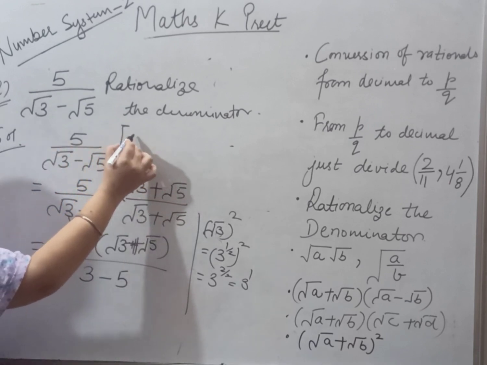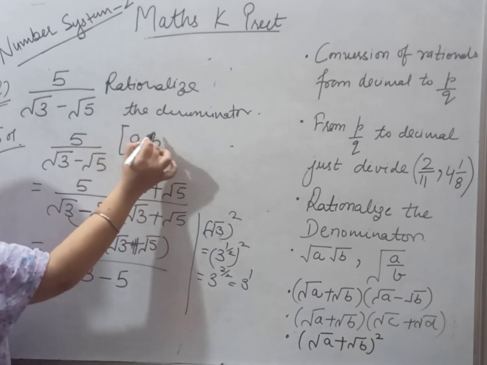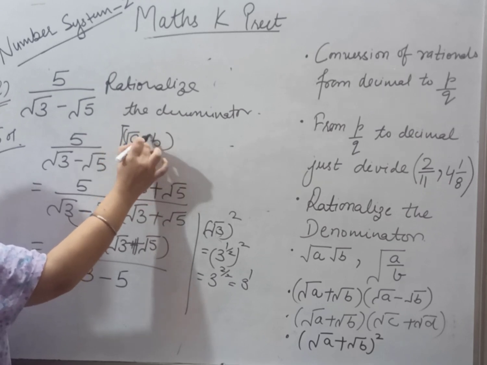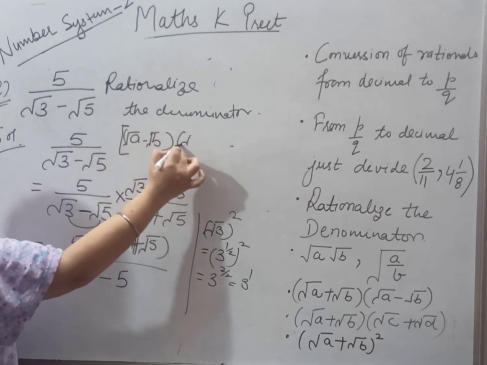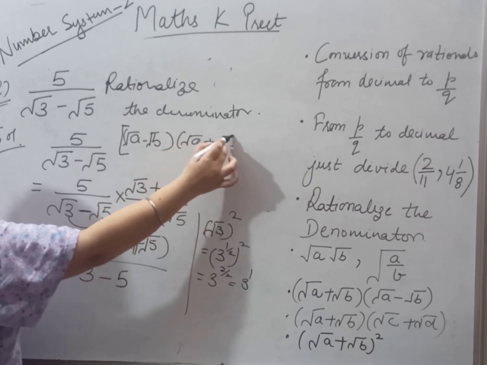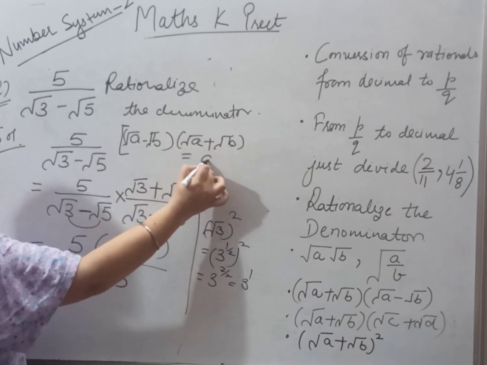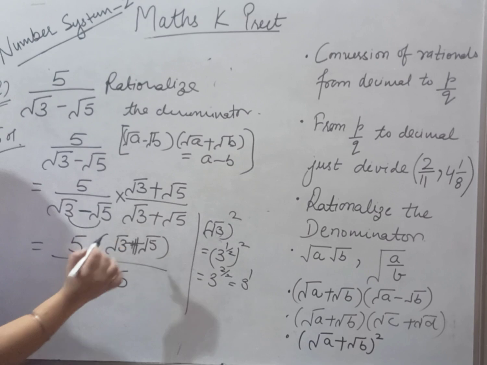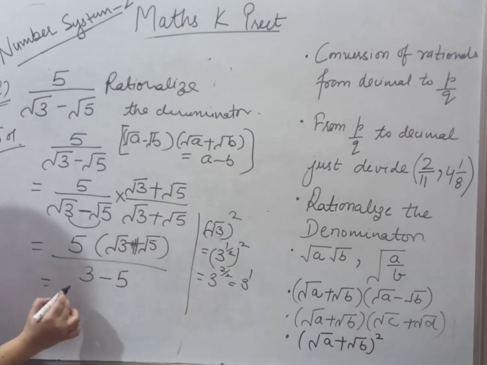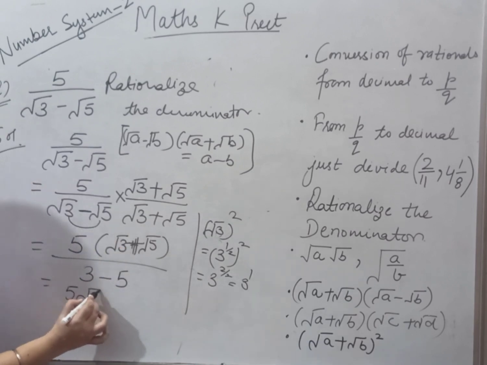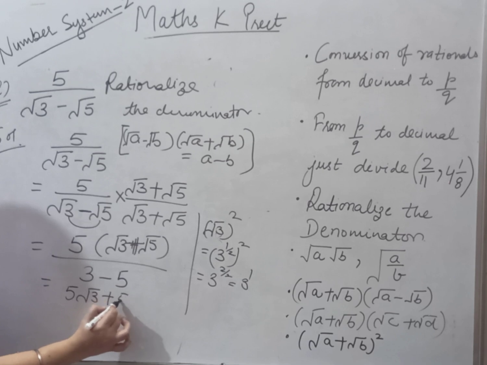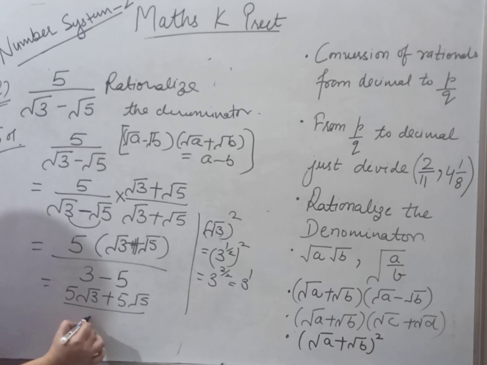Which identity are we following here? We are following the identity: root a minus root b times root a plus root b. The result is what? a minus b. So this is equal to 5 root 3 plus 5 root 5 divided by minus 2.